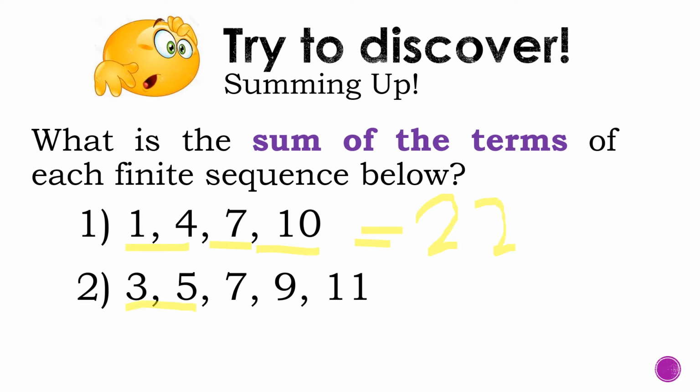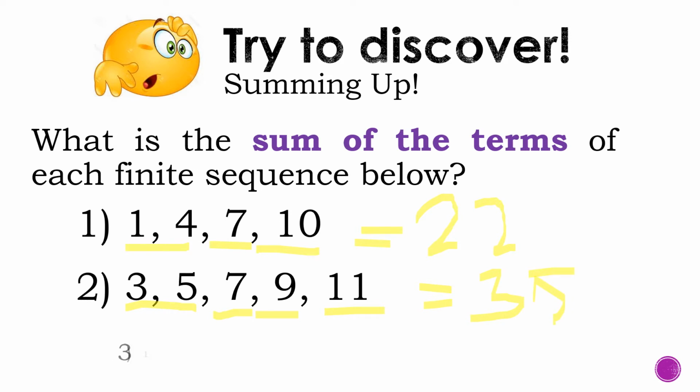So 3 plus 5 is 8, plus 7 is 15. 15 plus 9, that is 24. And 24 plus 11, that is 35. So the sum of all the terms in this sequence is 35.